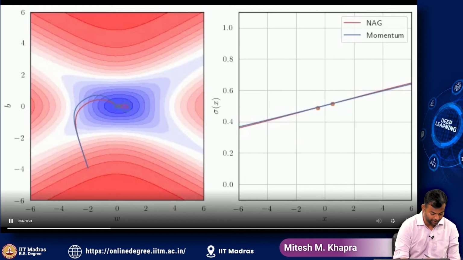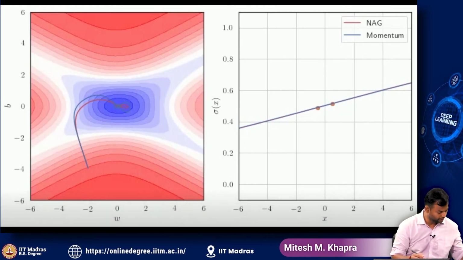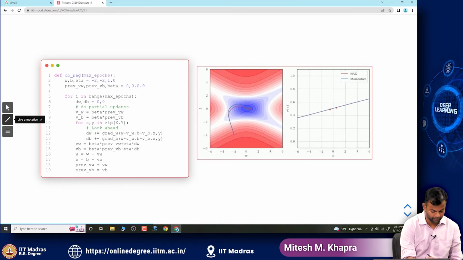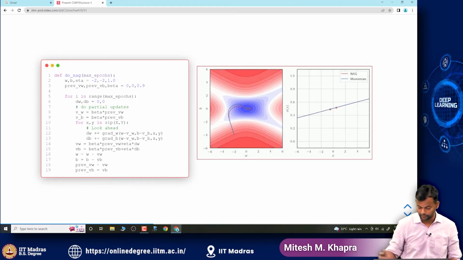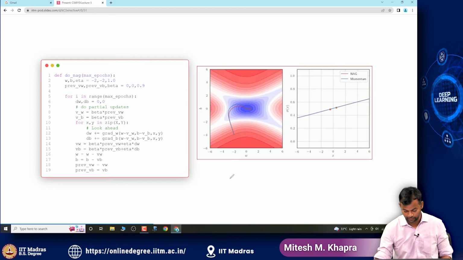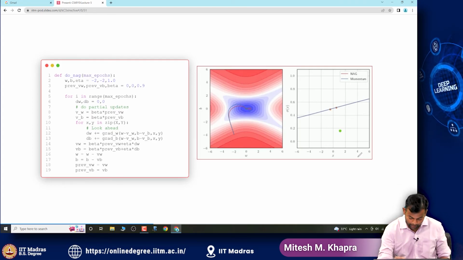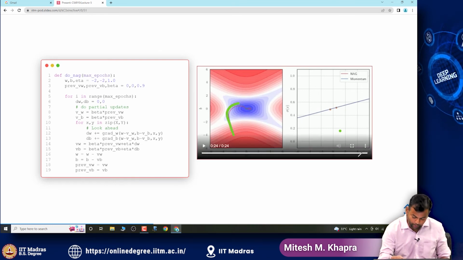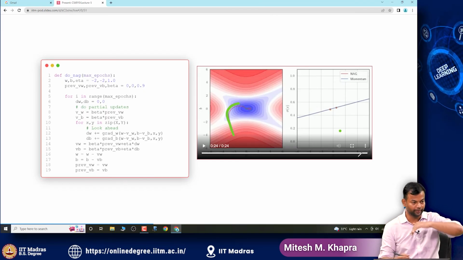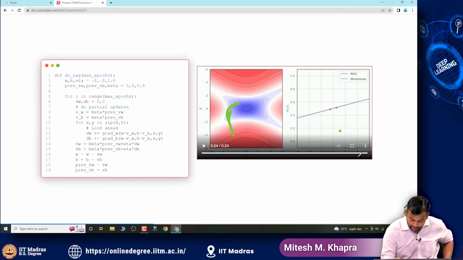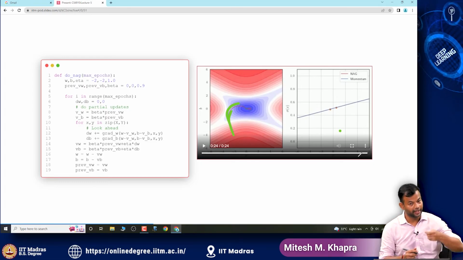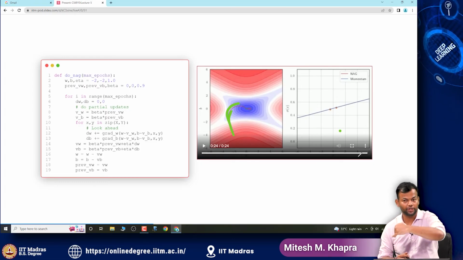So what has happened here is the momentum based curve, which was the blue curve, it took a long U-turn, right? Whereas the NAG, because it had already looked ahead and it had realized that, hey, I'm overshooting, it did not go the full distance and took a shorter turn, right?